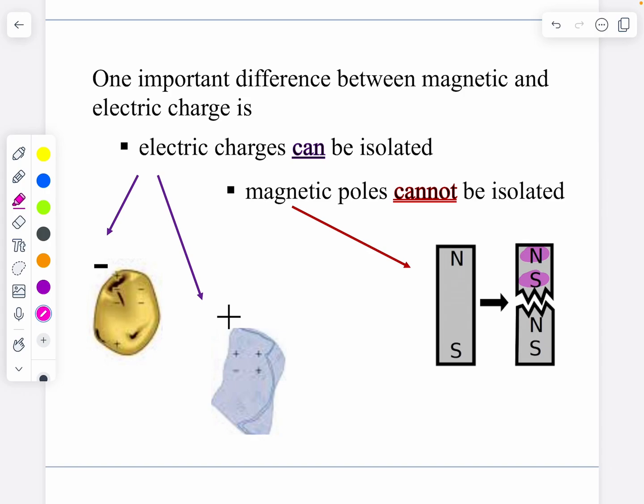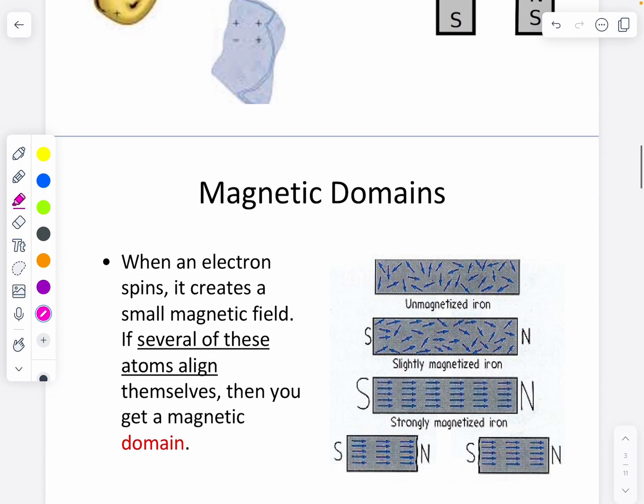If I were to take this magnet and break it yet again, each of those pieces would also still have a north end and a south end. So this is what we mean when we say that magnetic poles cannot be isolated. You will always have both north and south poles together, no matter how small our magnet.